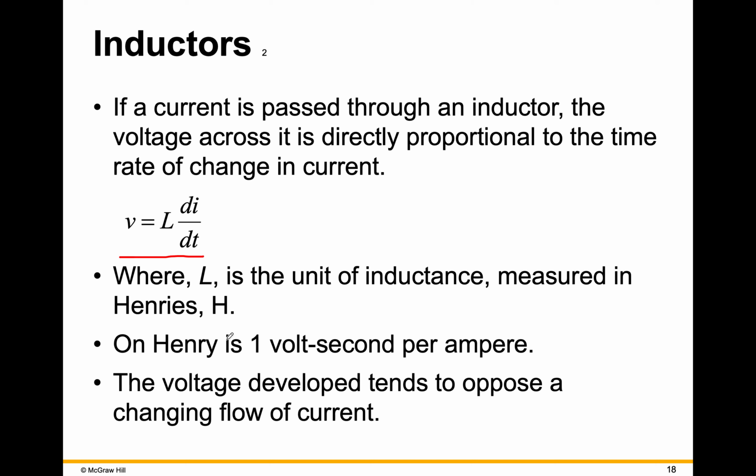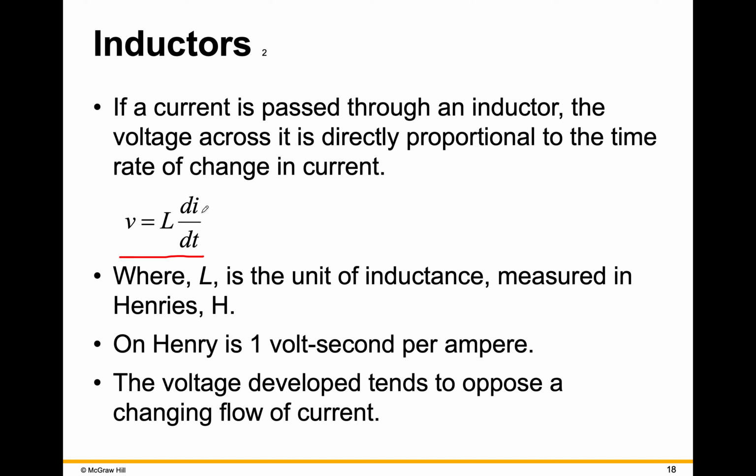So same kinds of things apply here. Notice that if the current is constant, di/dt will be 0. So the voltage across an inductor is 0 if the current is constant, meaning that the inductor looks like a short under DC conditions. The other thing about inductors, similar to what we discussed before, is that if the current tries to change instantaneously in an inductor, it will drive the voltage to a very high value.